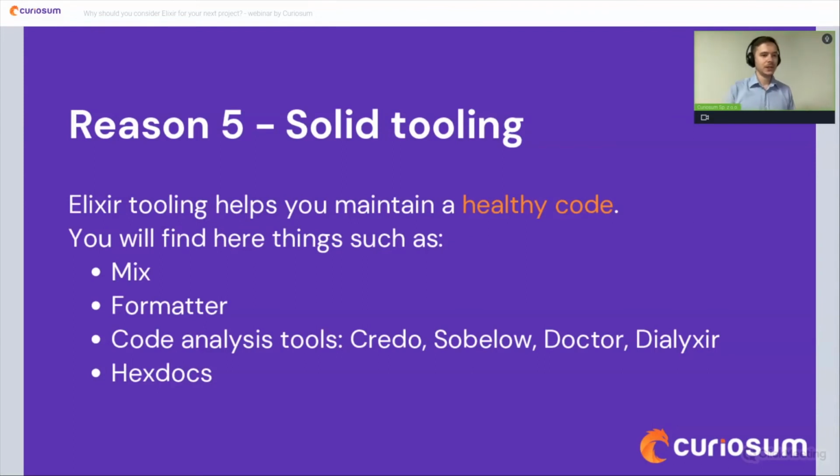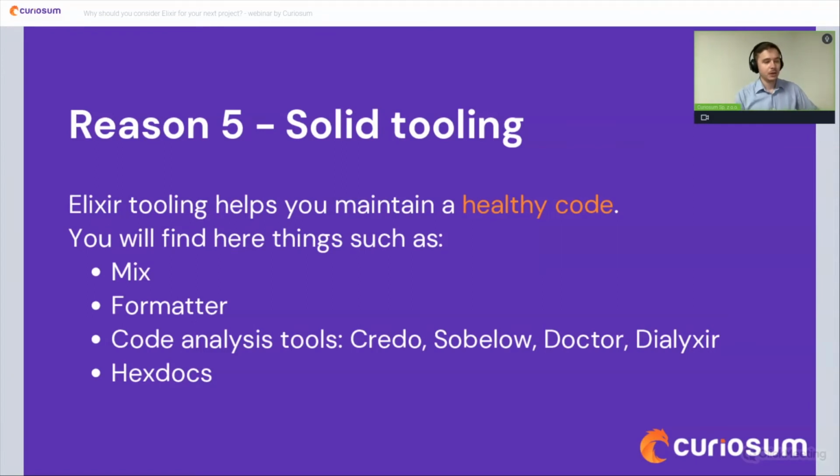You can name a couple of things here that I would say are important to consider when you write Elixir code and make it solid. It's Mix. This is something that was there back in the early days of Elixir. It helps you maintain the dependencies inside of the projects and all of the details about them.